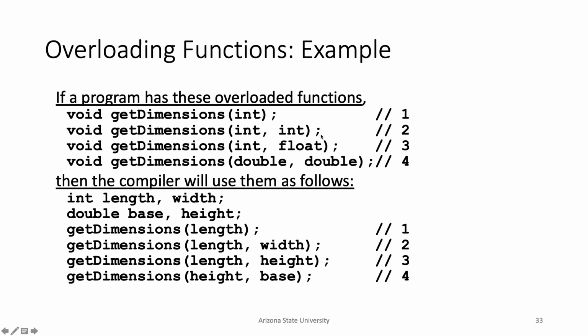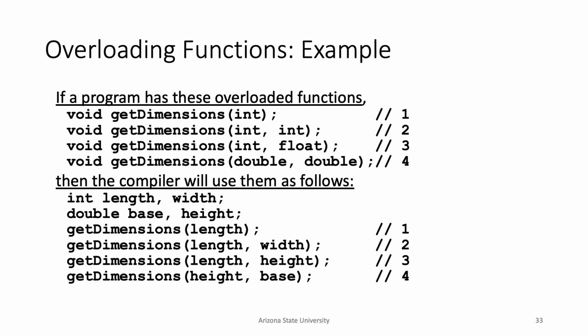So what actually happens is it looks from top to bottom and finds the first example for which it works. The third example works. The fourth example, I think, works too, because you can always convert an int to a double. So yeah, it looks from top to bottom and finds the first one for which it works.